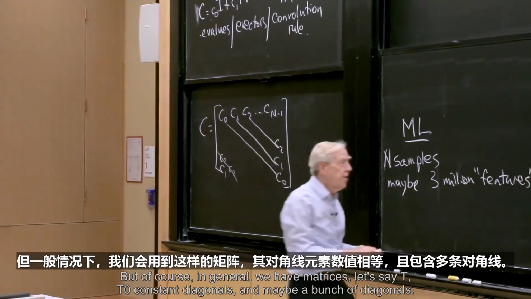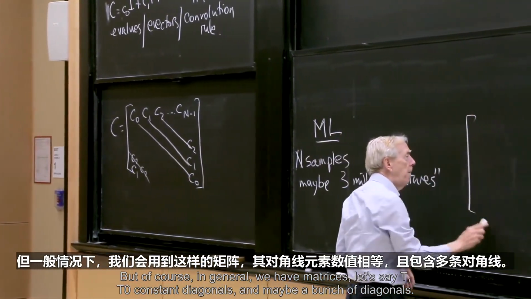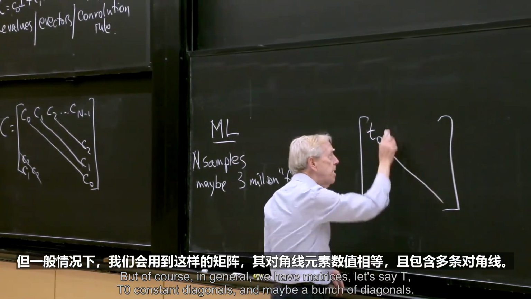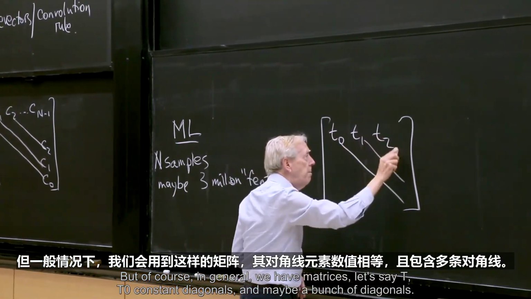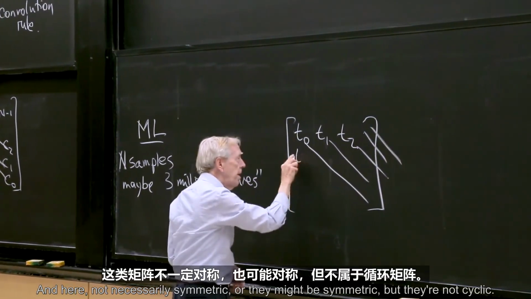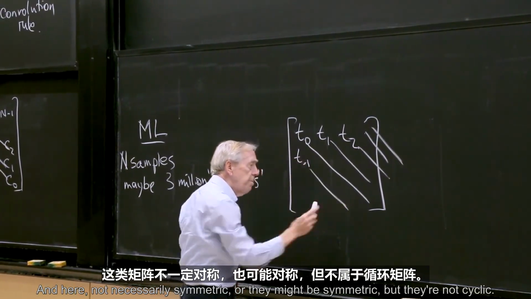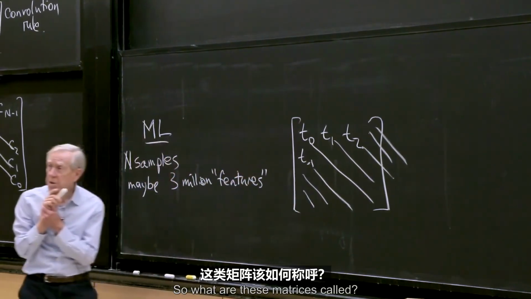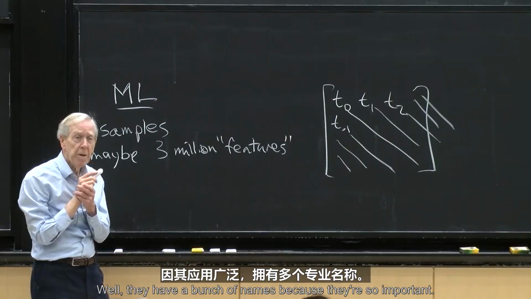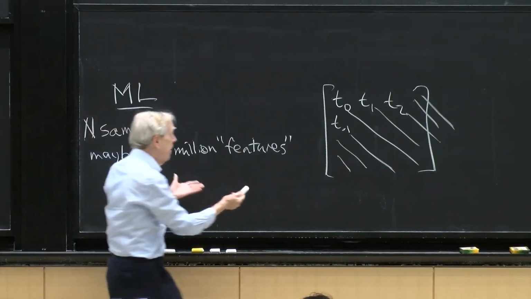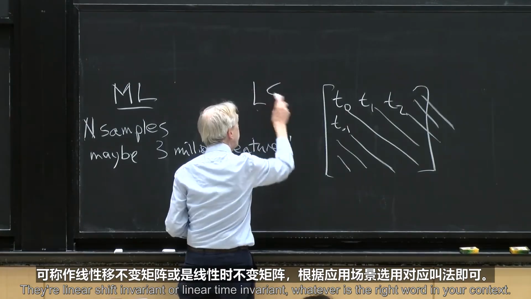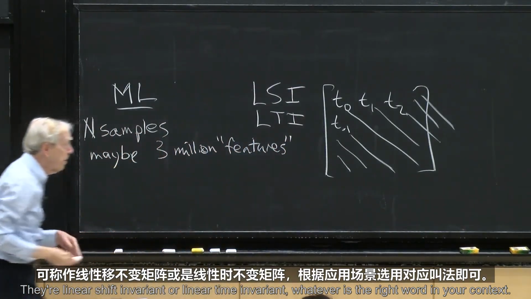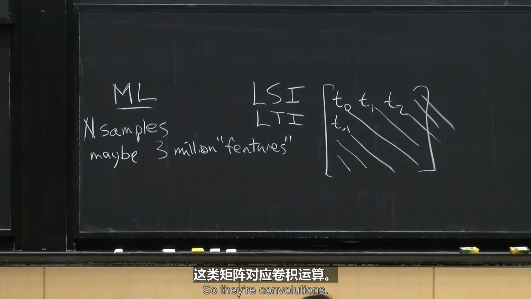But, of course, in general, we have matrices, let's say T0, constant diagonals, and maybe a bunch of diagonals, and not necessarily symmetric, or they might be symmetric, but they're not cyclic. So what are these matrices called? Well, they have a bunch of names because they're so important. They're linear shift invariant, or linear time invariant, whatever is the right word in your context.